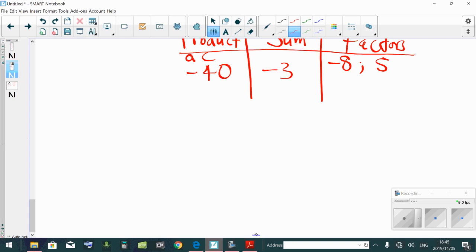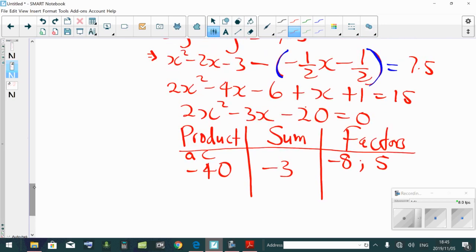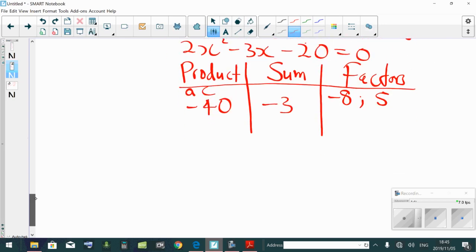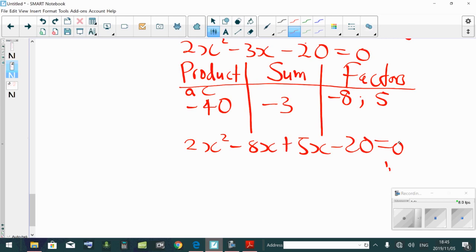So I'm just rewriting my equation now as 2x squared minus 8x plus 5x minus 20 equals 0. Take note that this is the negative 8 and this is the 5.